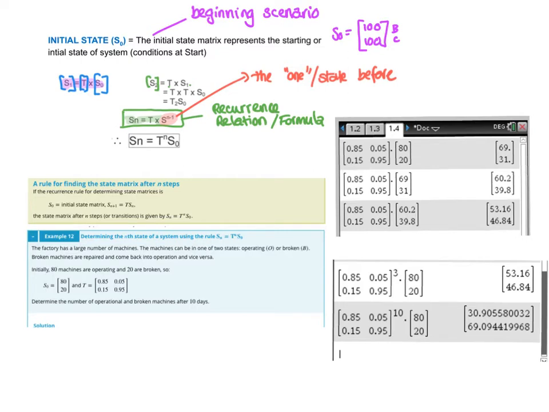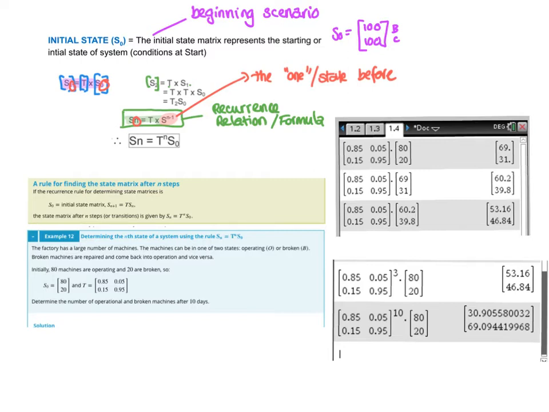So see here, Sn, n would be 1. So what's 1 minus 1? It's 0. So there's the 0. Now later on we might want to find the 20th month, and I don't want to sit there on the calculator constantly doing this over and over again.